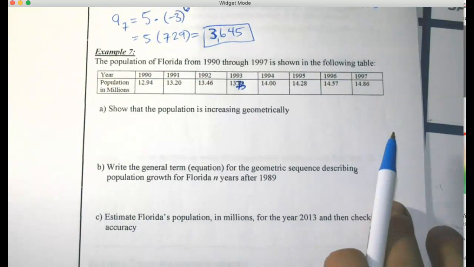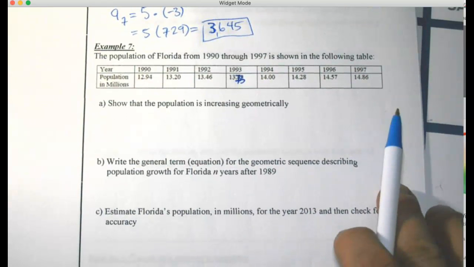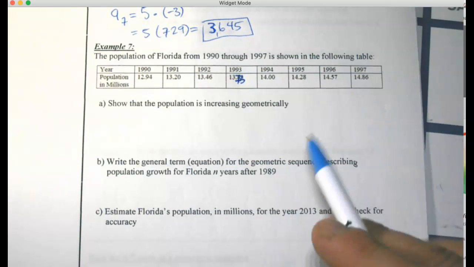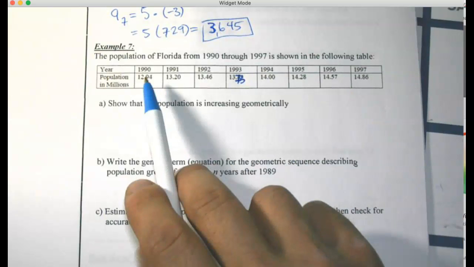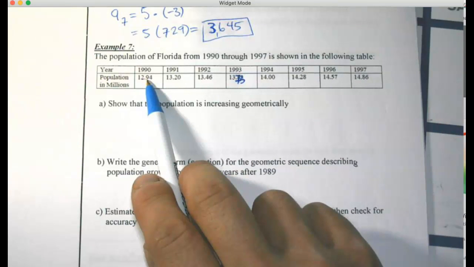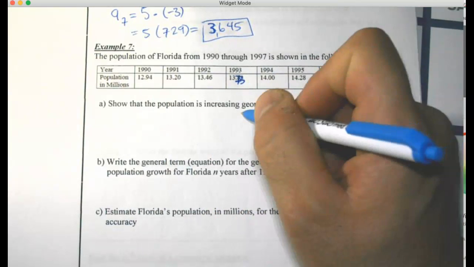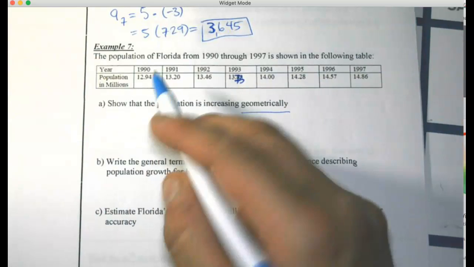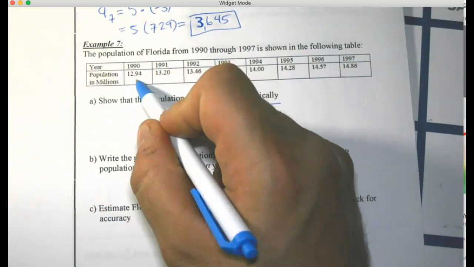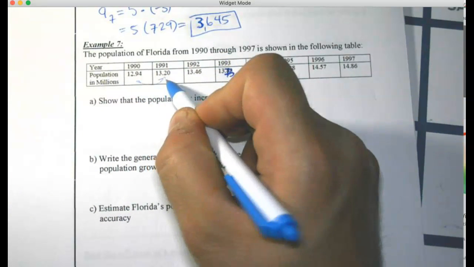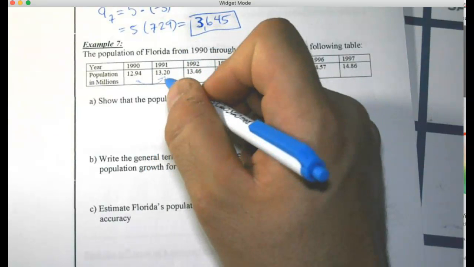Think about it: if this were increasing geometrically, then I'd multiply this by a number, and whatever I got, I'd multiply that by the same number.